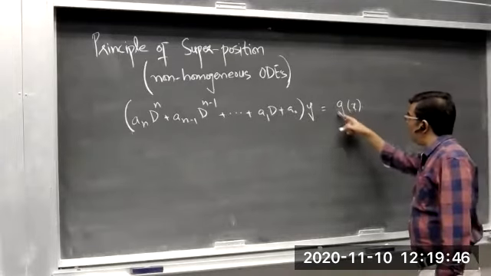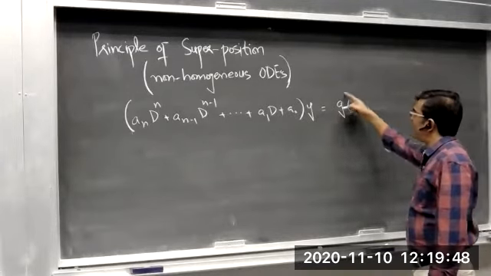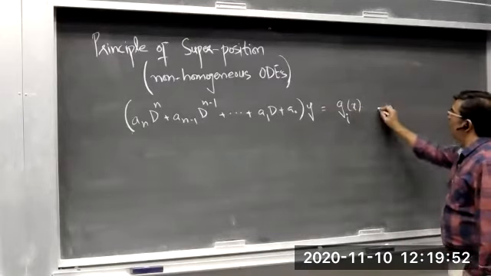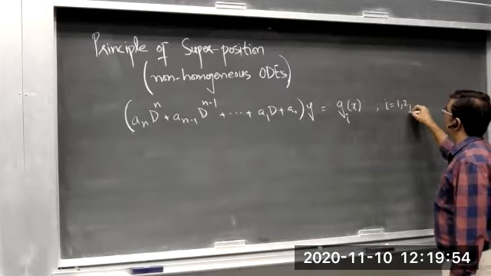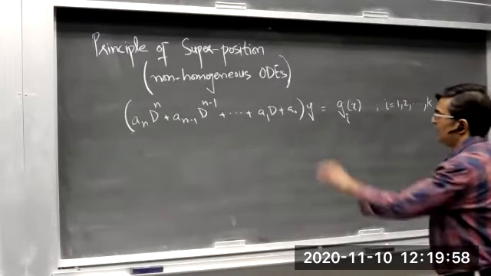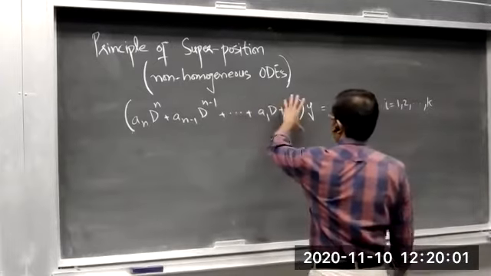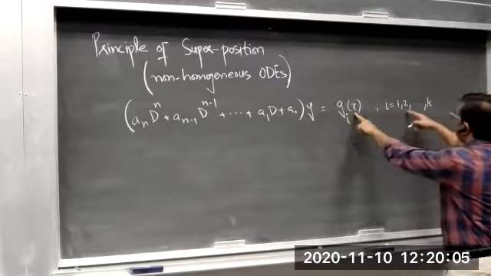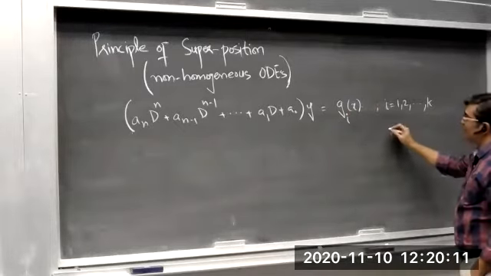Now here we have a single function. If we call it y_i, where i is from 1 up to, maybe, k. Now this is an nth order non-homogeneous ODE with g_i of x, where i is from 1 to k. How many functions do we have here? K functions, k different functions.